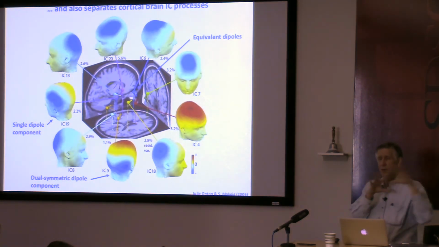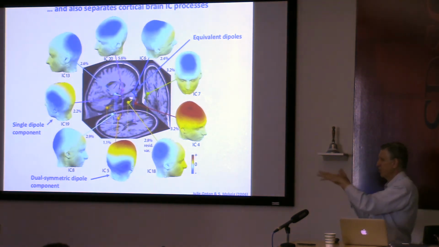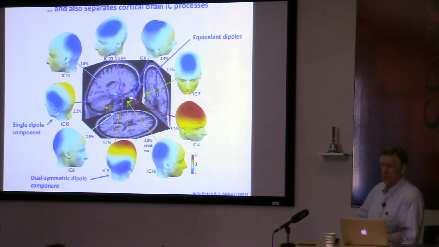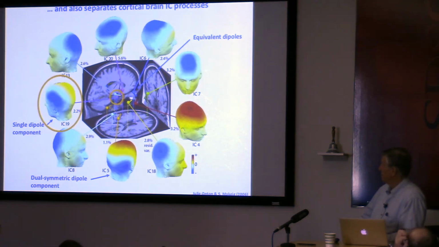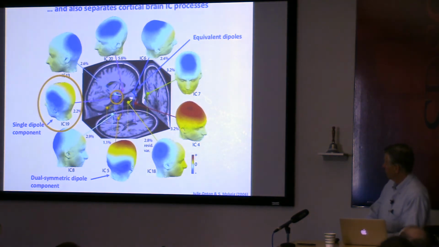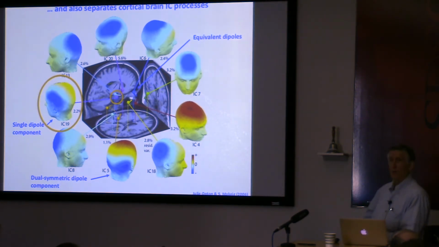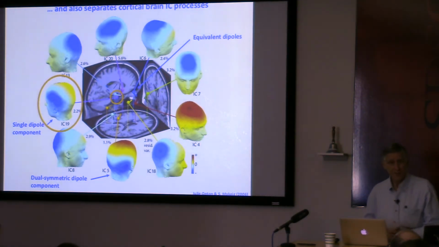Now, ignoring, not necessarily rejecting, but ignoring those components, let's look at the other kinds of component processes that ICA separates the same data set into. And what we find are undeniably brain processes. Why? Because a single equivalent dipole model, even in a template head model here, fits the scalp map associated with that component to within 2% residual variance across 256 channels.